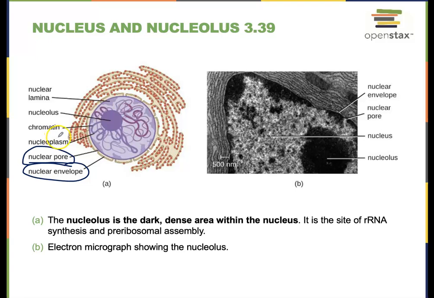Inside the nucleus, the cytoplasm just has a special name called nucleoplasm. We have chromatin, which is basically the DNA. Okay, so chromatin is a form of DNA that we have in eukaryotic cells. Remember I said prokaryotes have a naked DNA, but eukaryotes have histones around the DNA to organize it.